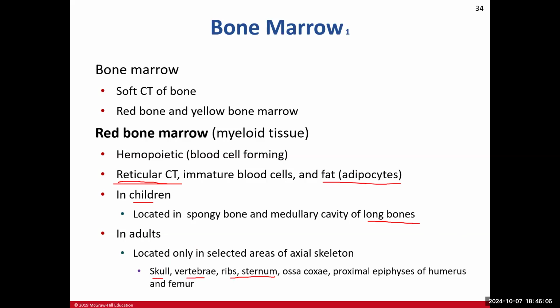The other parts remaining are your hip bones, known as the os coxa, and then the proximal epiphysis of your humerus, which is up here in your shoulder, and the proximal epiphysis of your femur, which is down in your hip. Not a huge area compared to the axial skeleton.